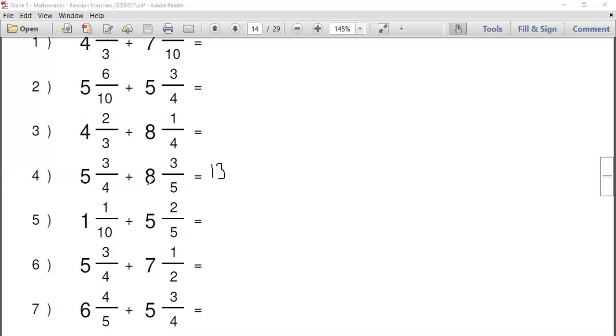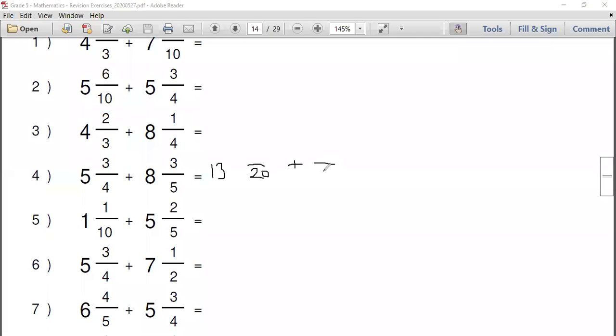However, our denominators are not the same, so we first need to change them so that they are the same. The smallest common multiple for both of these will be 20. So in order for our denominators to both be 20, we need to multiply the 4 with 5.